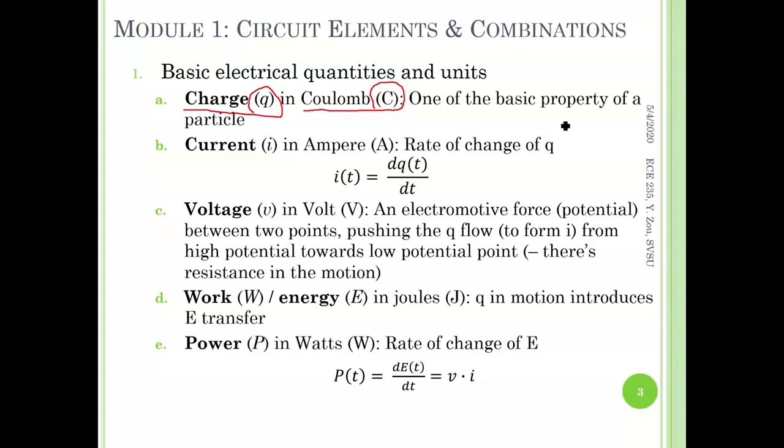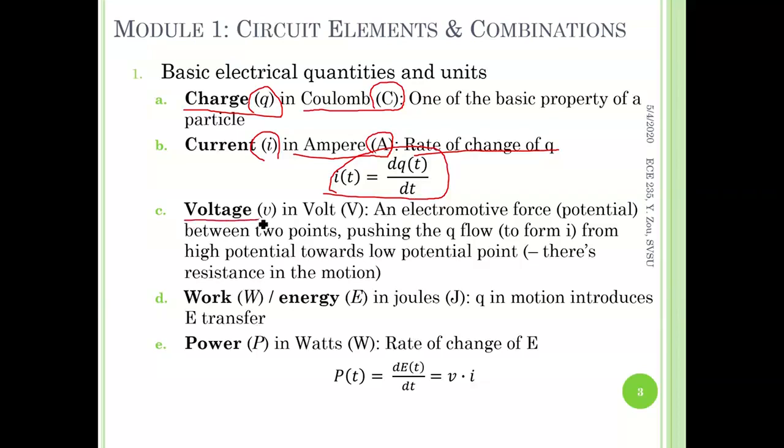With this charge, we can have current flow. So current I in ampere, capital letter A, is the rate of change of Q, expressed by this mathematical differential equation. Okay. The derivative of Q(t) with respect to time t is equal to the current.